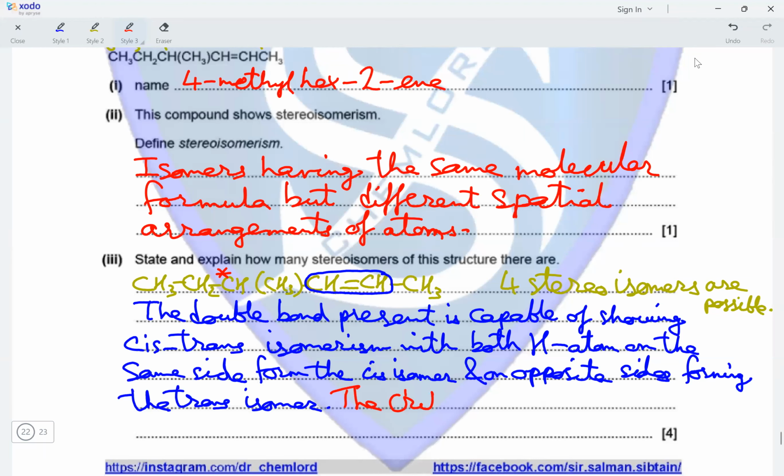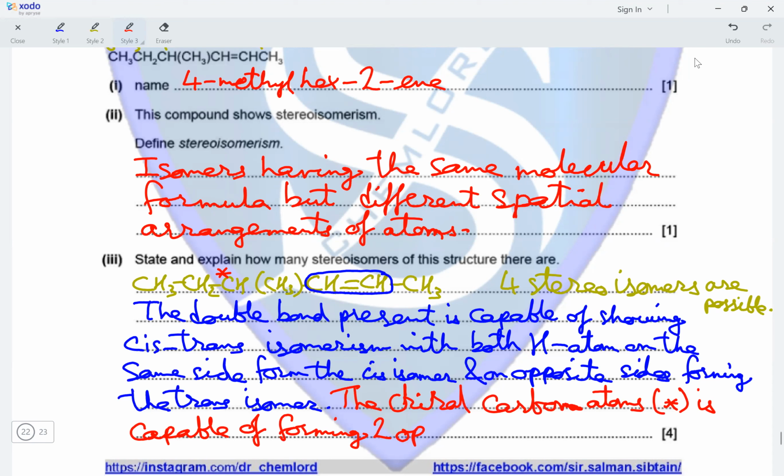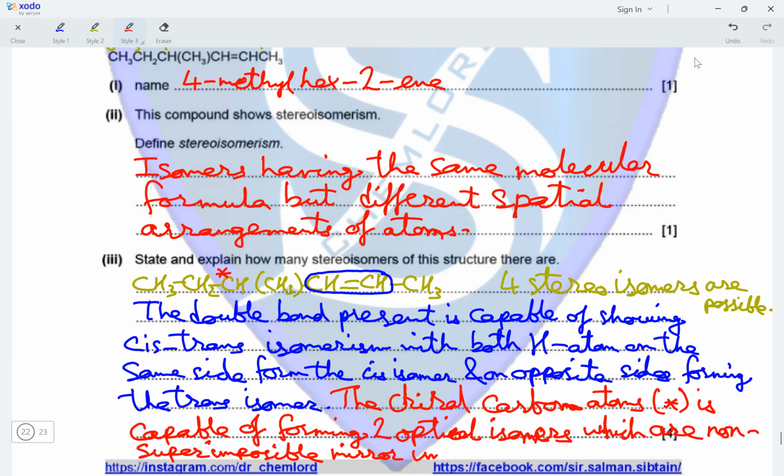The chiral carbon atom marked with an asterisk is capable of forming two optical isomers, which are non-superimposable mirror images of each other.